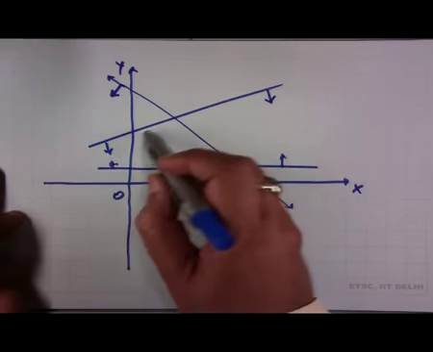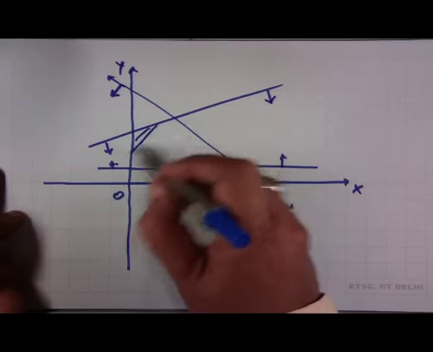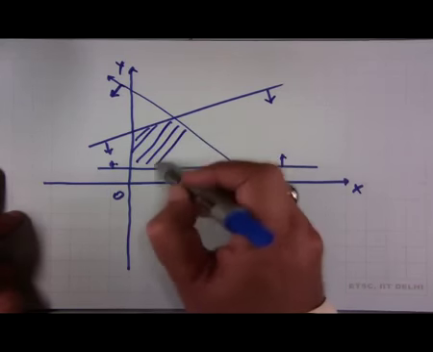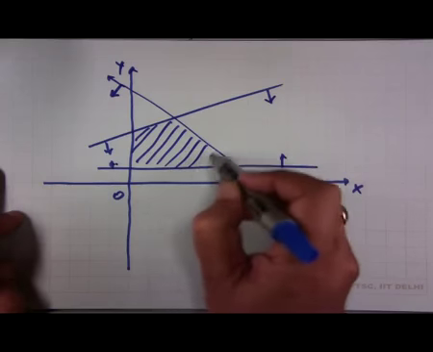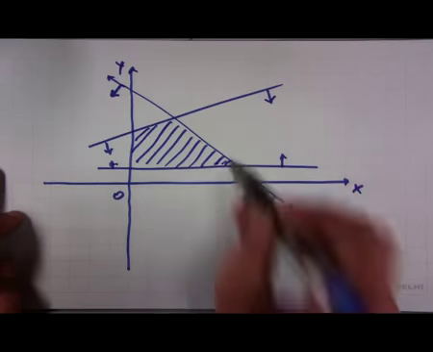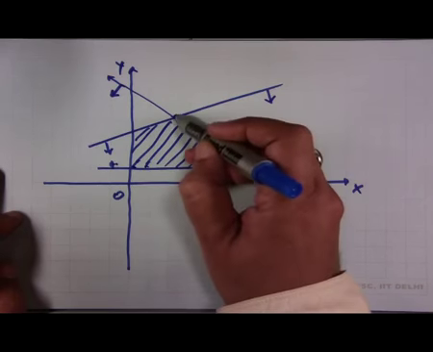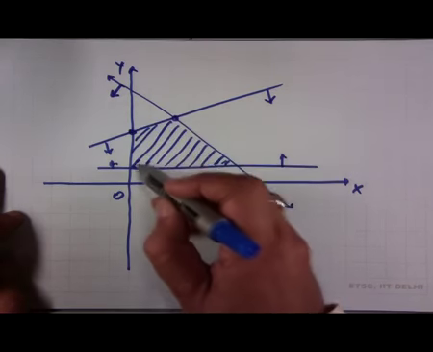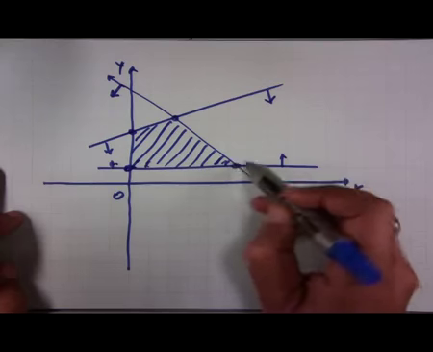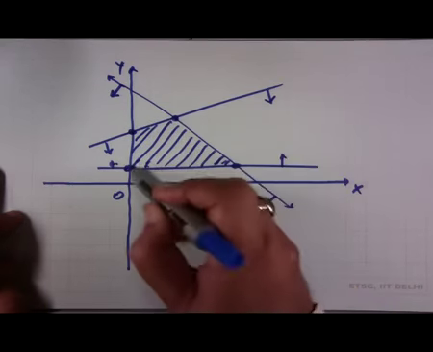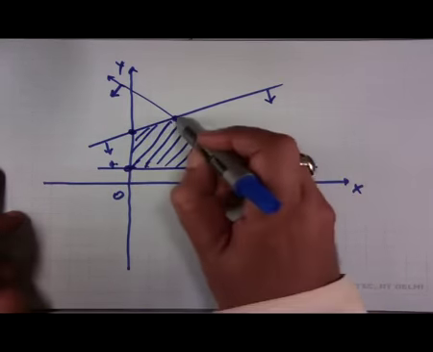So, the common region for all these constraints will be this, and this feasible region is a bounded region, and these points are called corner points.